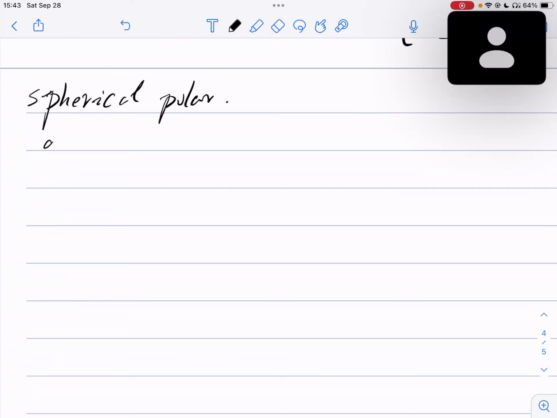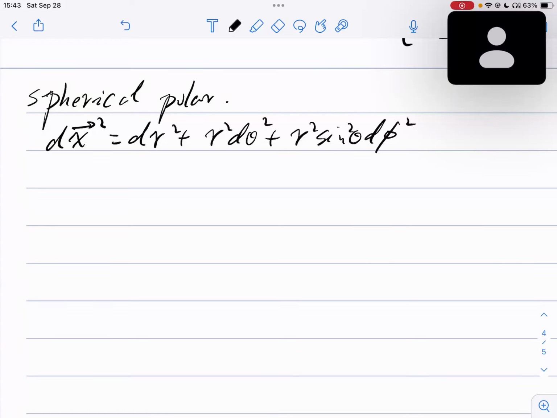Copolar. Just this dx will, yes, this dx square will become dr square plus r square d theta square plus r square sine theta square d phi square.